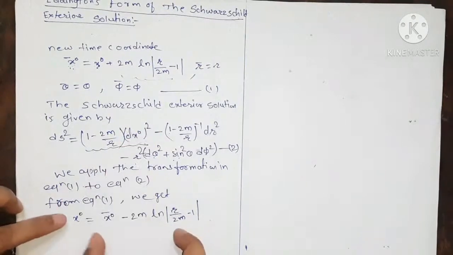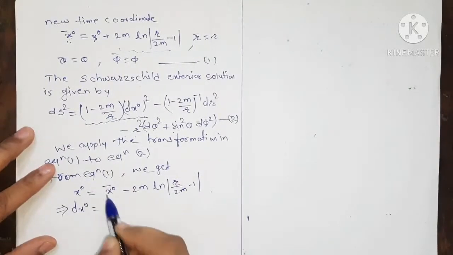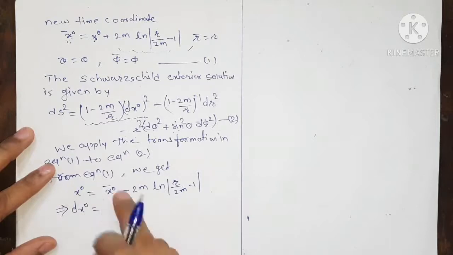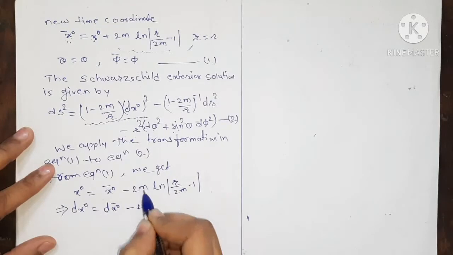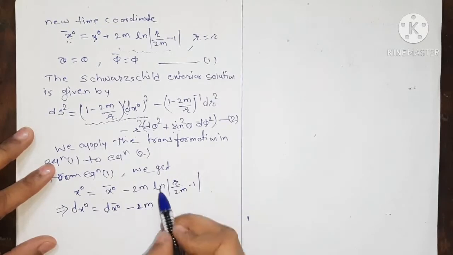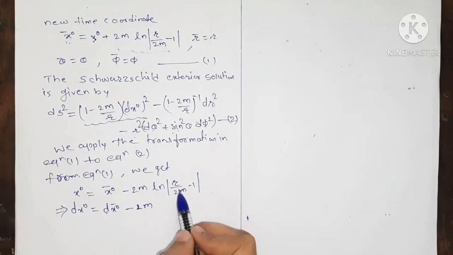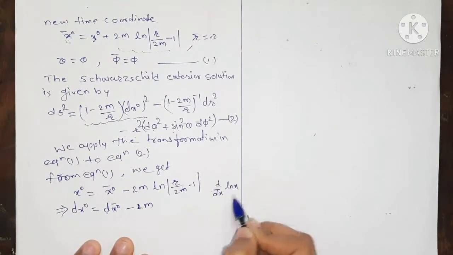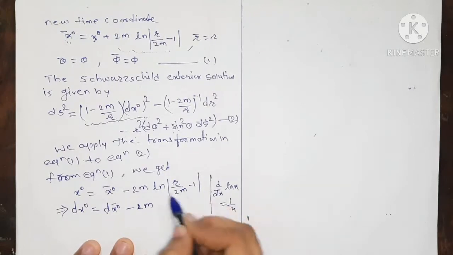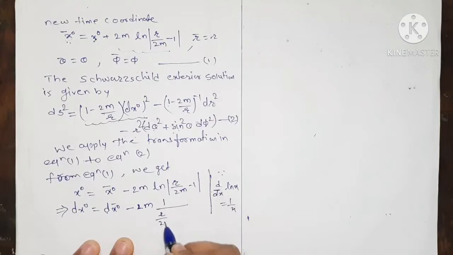So this implies that dx0 is equal to, differentiating this term, dx0 bar minus, m is constant, so twice m, and the derivative of log x is 1 upon x, right? So applying this formula, we get 1 upon r upon twice m minus 1, and the derivative is with respect to r.